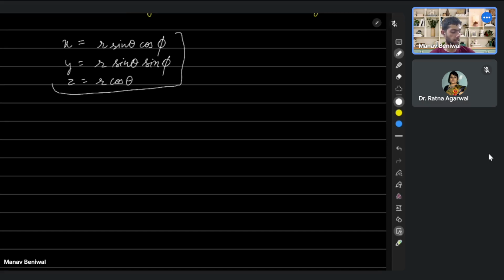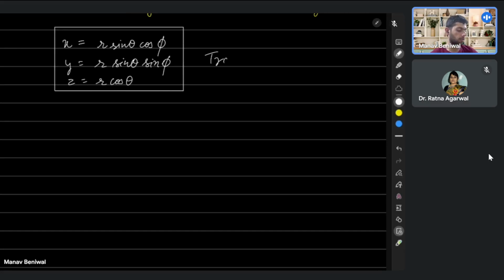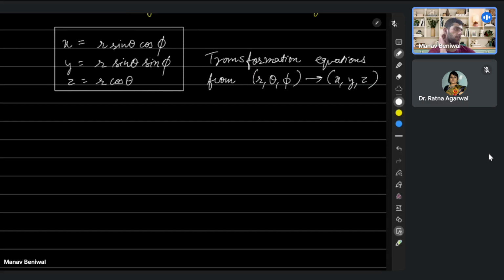So in general these are the transformation equations from the polar coordinate system r, theta, phi to your Cartesian coordinate system x, y, and z. This is how we connect the two coordinate systems.